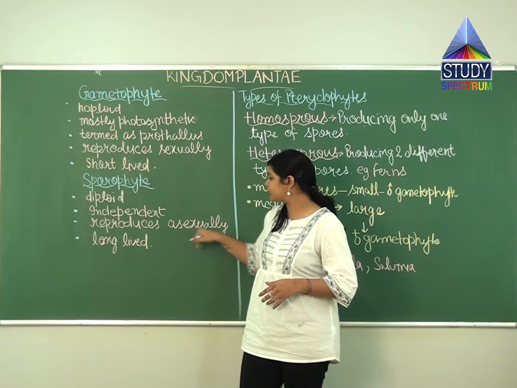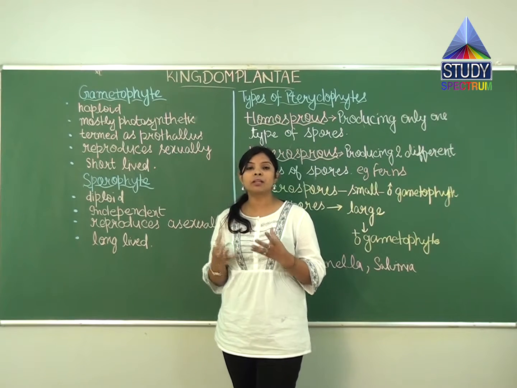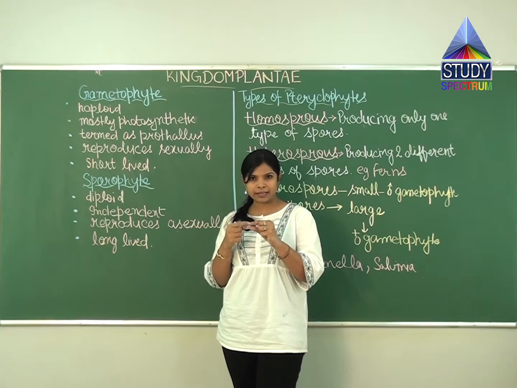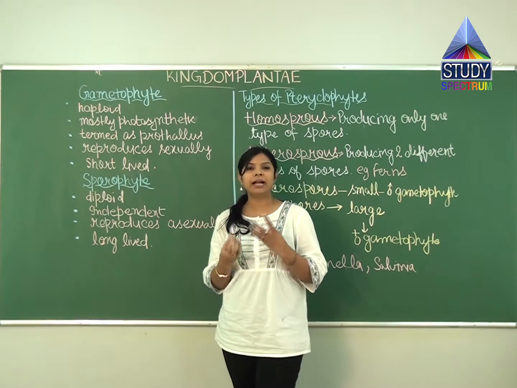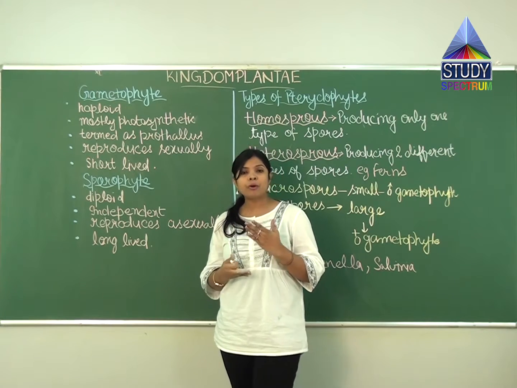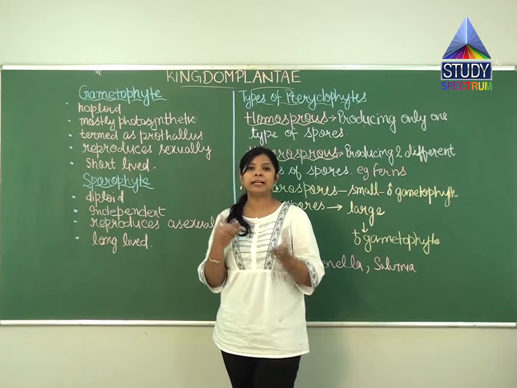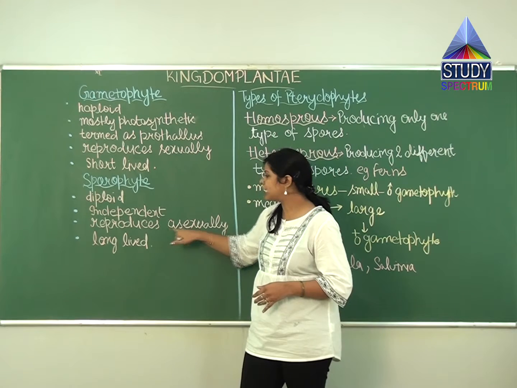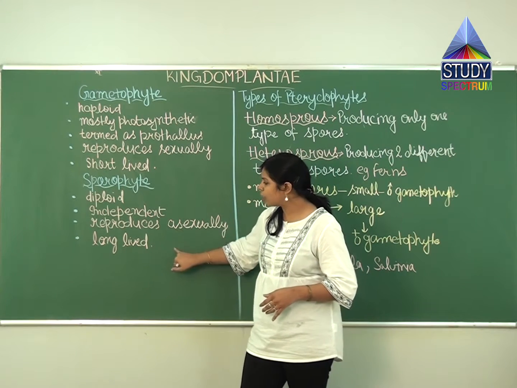Now they reproduce asexually. So why do we say that they reproduce asexually? Because if you recall, on the sporophyte plants, the leaves are the sporophylls, where the sporangium is present, that includes the spores. The spores undergo meiosis, and then the spores will be released. So because of that, what do we say? That sporophytes reproduce asexually, and it is long-lived.